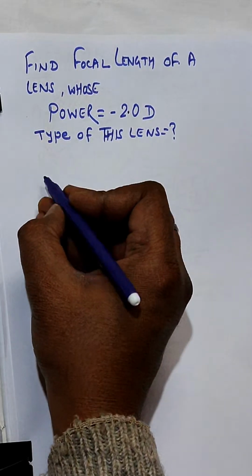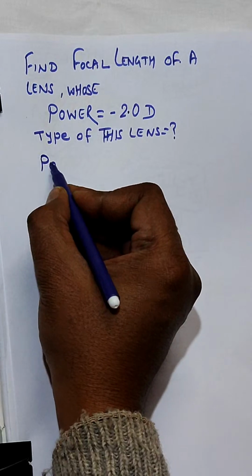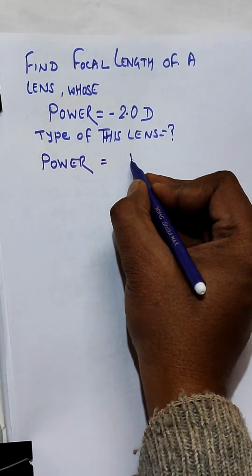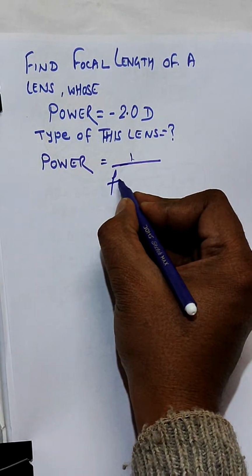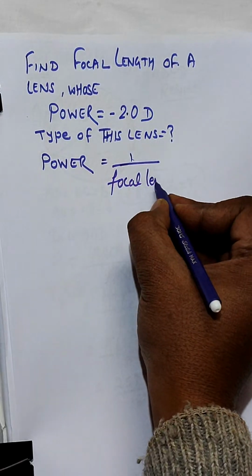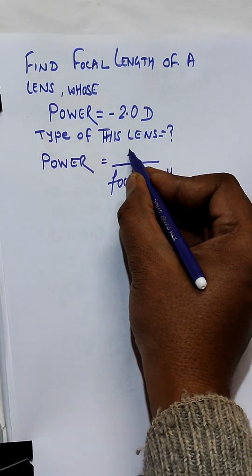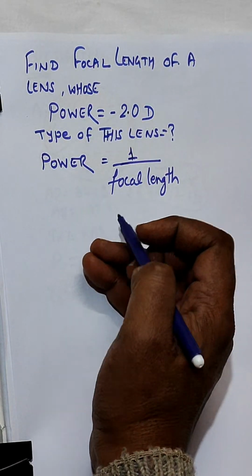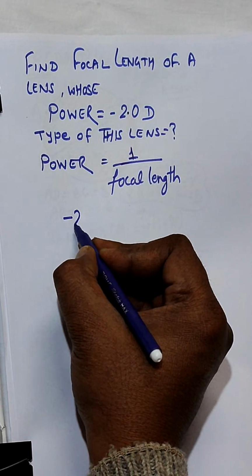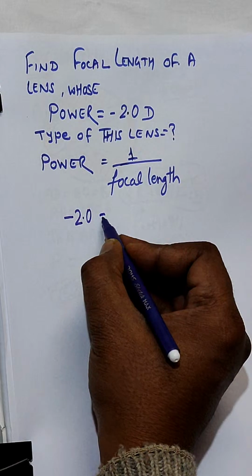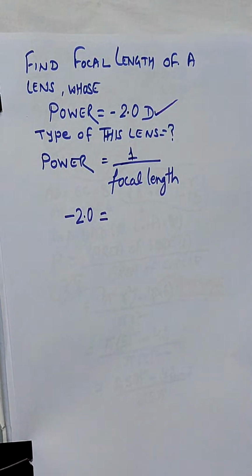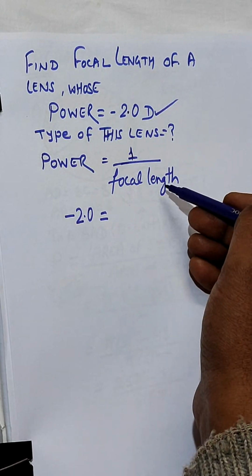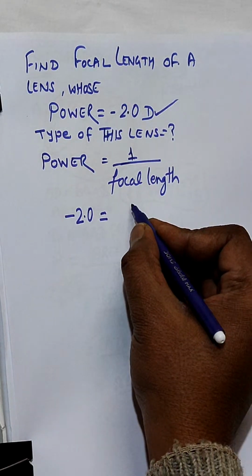It's very common question, and we know the relation that power is related as 1 by focal length, right? And what is the value of power? It's given that minus 2.0 in diopter, right? So when this is in diopter, the focal length will be coming into meter. So it is 1 by focal length.